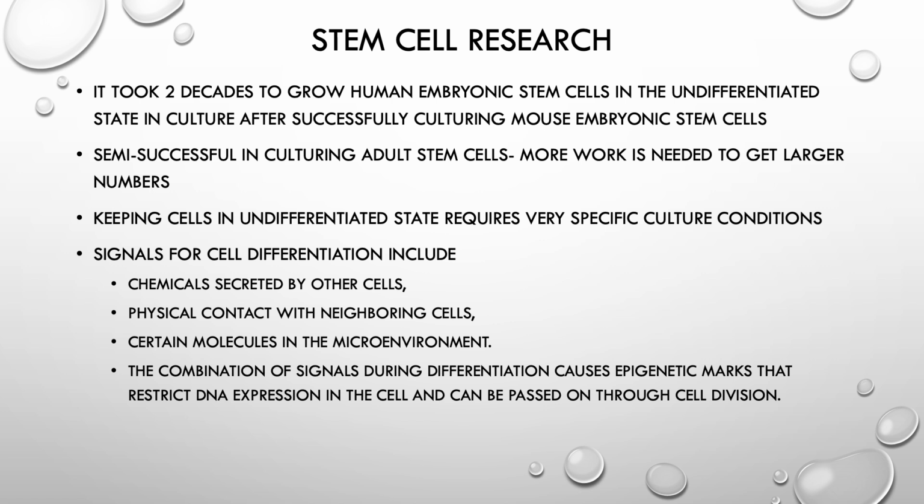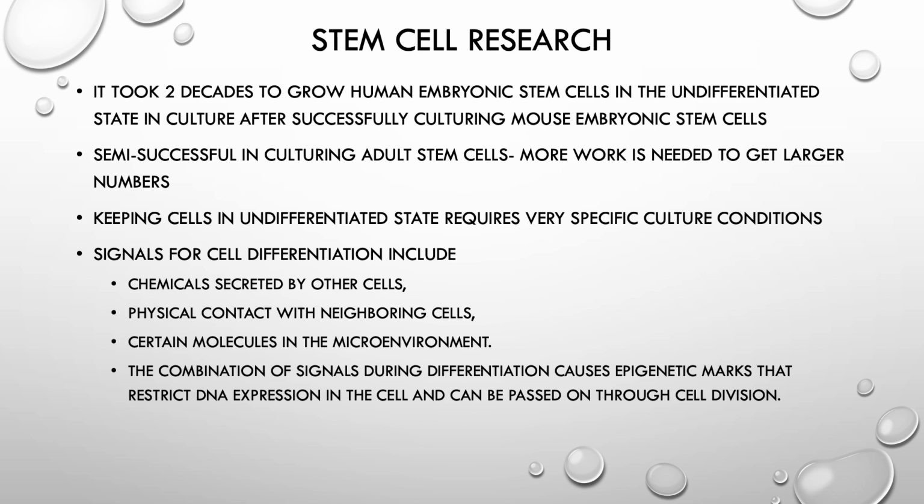One of the biggest hurdles in stem cell research has been to keep the cells from becoming differentiated or specialized cells. It took two decades to grow human embryonic stem cells in the undifferentiated state in culture after successfully culturing mouse embryonic stem cells.